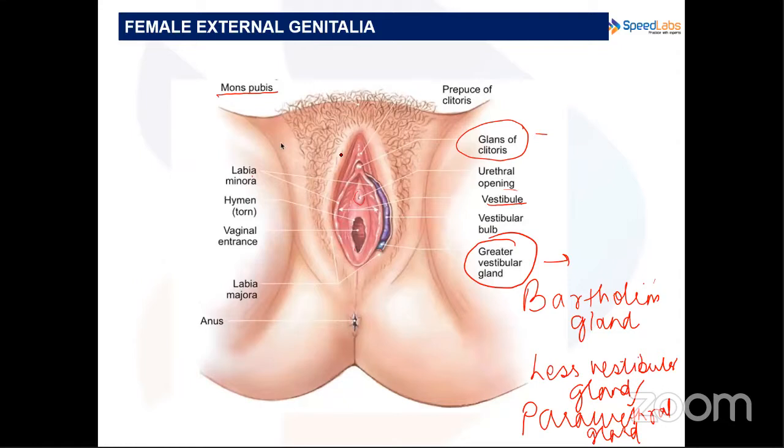So that's why it's homologous to the glans penis, and its role is also in sexual arousal. The clitoris has the same functions as the glans penis. All right. So clitoris is also an important structure of the external genitalia of a female.